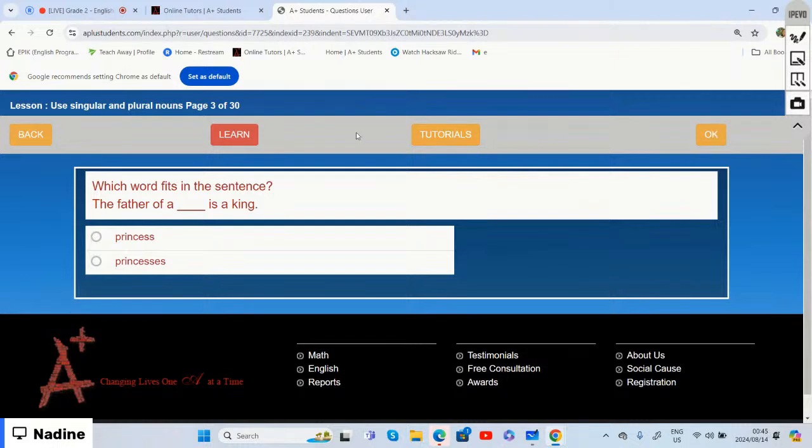It says, the father of a princess is a king, or the father of a princesses is a king. Which one is correct? We need to choose the correct one.